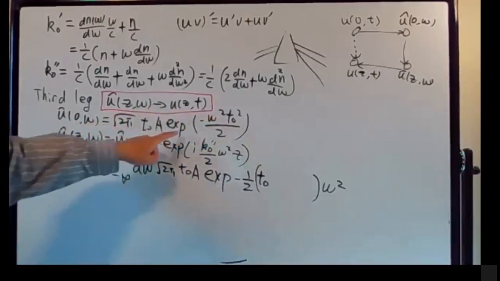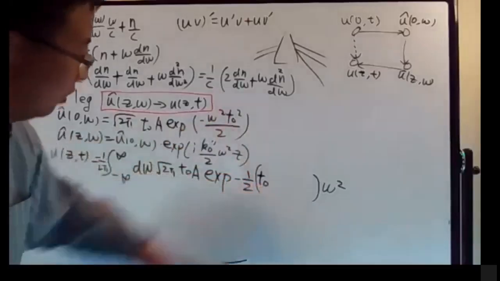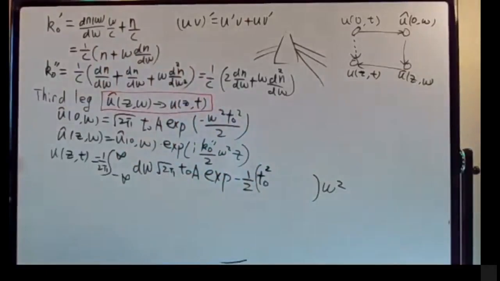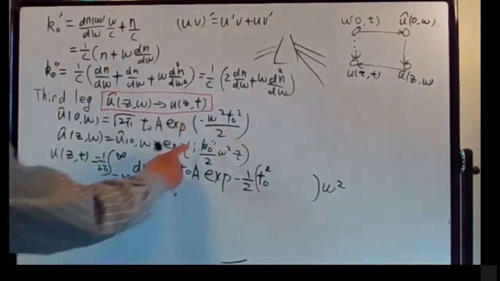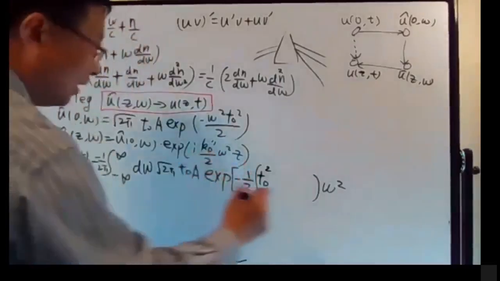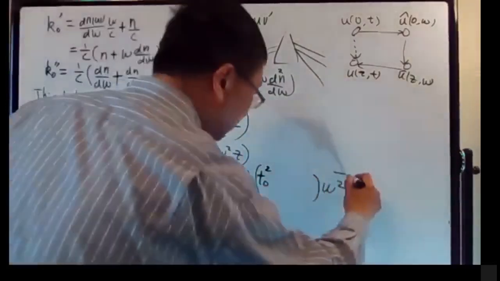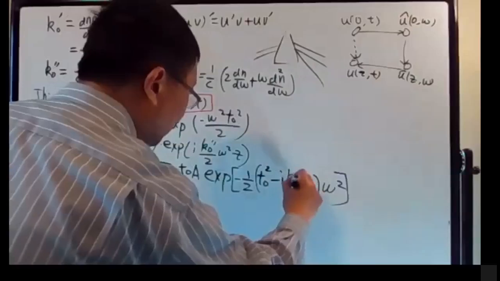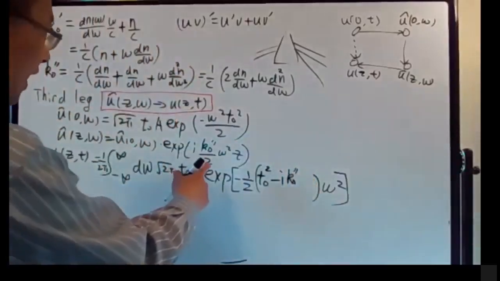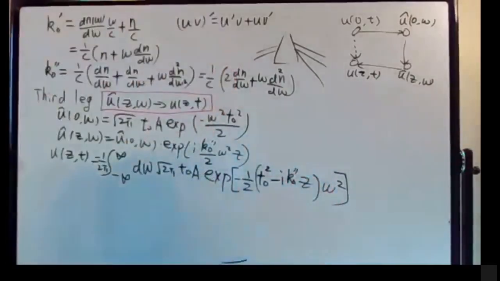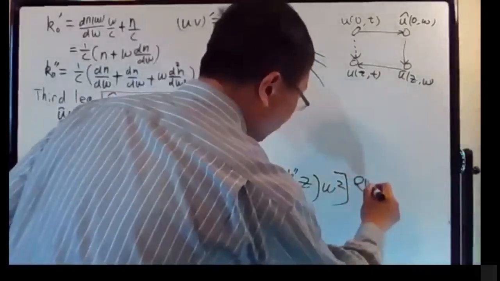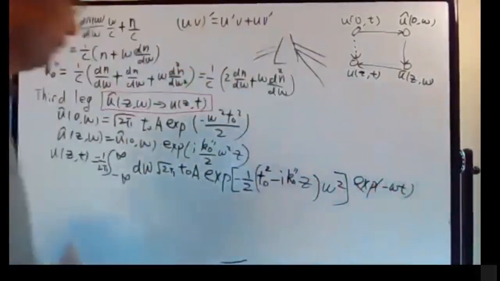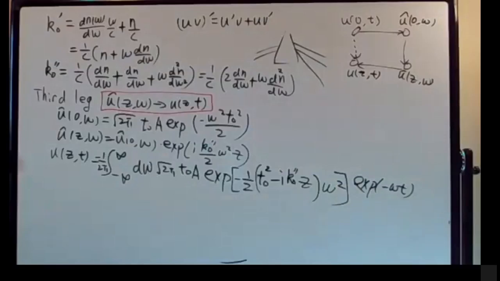The first term has exponential negative half omega squared t squared, and then we will have the second one, because I already used the square: minus i k naught double prime omega squared z. All together, and I have one term missing, it's exponential negative omega t.